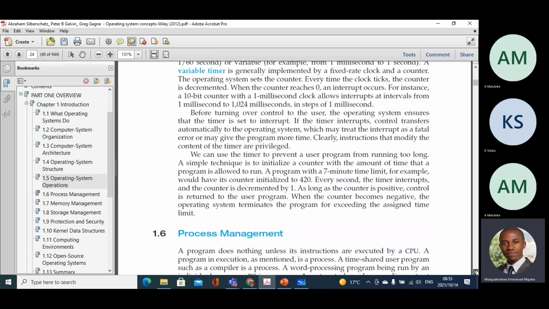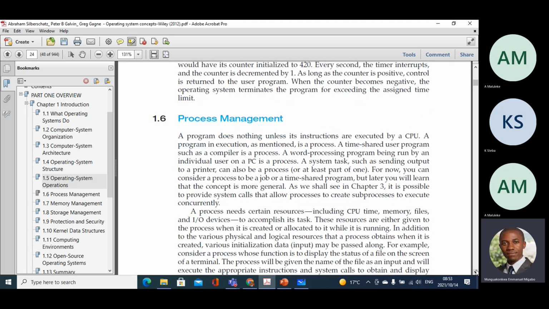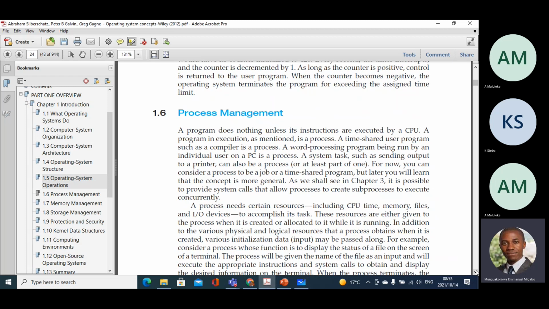So now, when it comes to process management, a program does nothing unless its instructions are executed by the CPU. Because when we say a program here, we're talking about the user application. There wouldn't be any result of a user application if its specific instructions haven't been passed onto the CPU by the operating system and the CPU hasn't actually executed them. A program in execution is what we call a process.